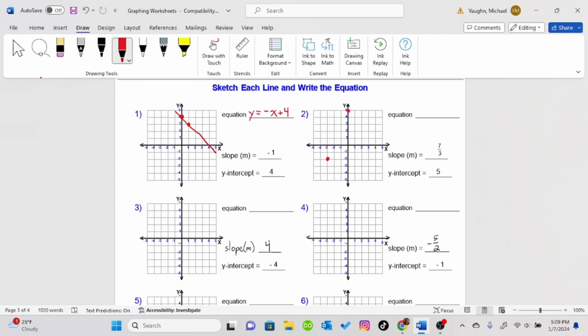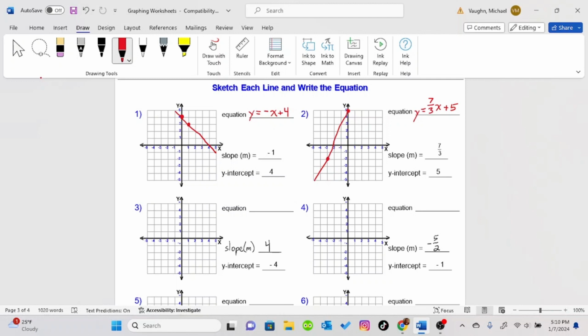Now you can see that from this point, we would go up 7, right 3 to get to our y-intercept. Now we can draw the line that connects them, and we have our graph. And the equation is y equals the slope, 7/3, x, plus the intercept, 5.